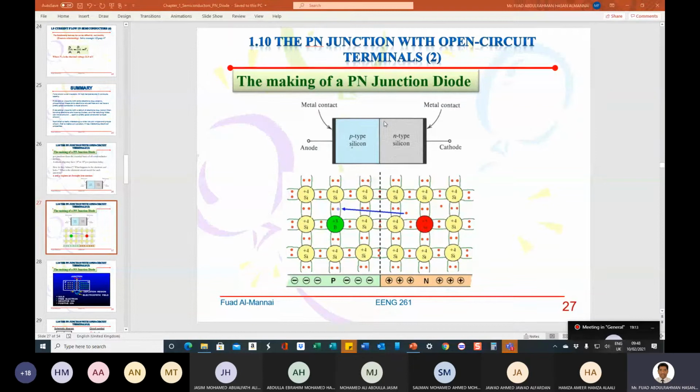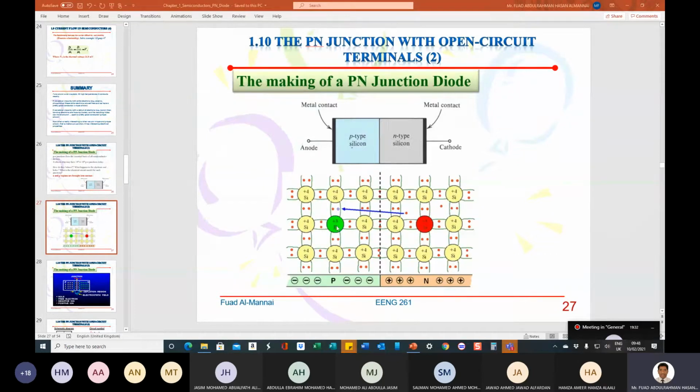When we zoom in at the middle here, we look at the atoms. This is the junction, and these are the silicon atoms.